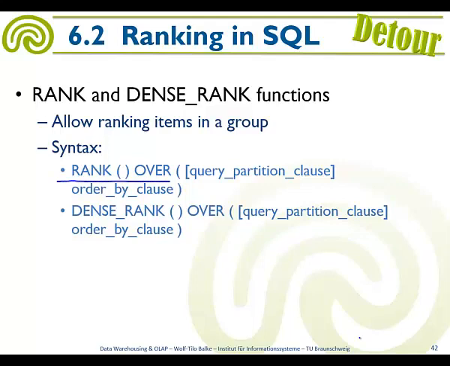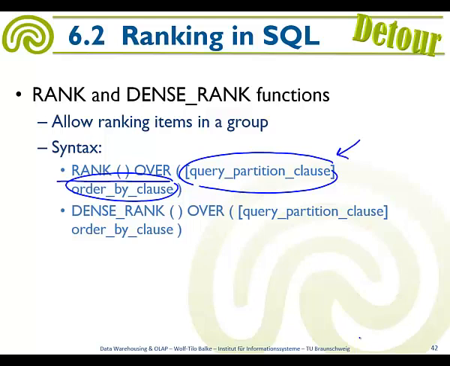The syntax is as follows: rank over, you identify the partition and the order clause. This is not mandatory, so you can either rank, giving an order on all the data that you have, or you can identify a partition and enforce the order on each partition.